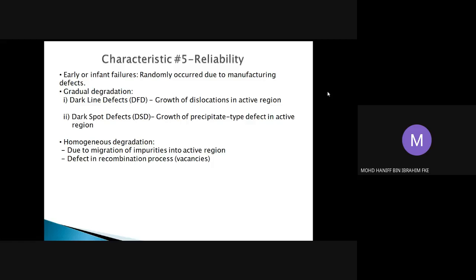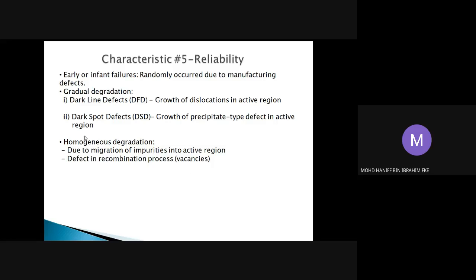For the dark spot defects, there is growth of precipitate type defects, which are impurities, in the active region. As the impurities increase, again, the efficiency will be reduced, and when we have reduced efficiency, it can be said that the LED has been degraded.